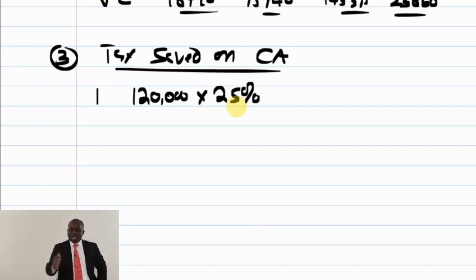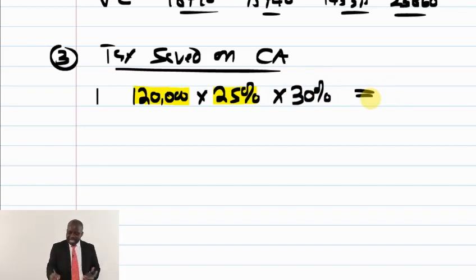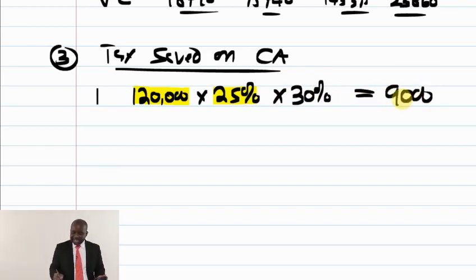Why will I show them one by one? At the end of the day, I don't need the capital allowance. I need the tax savings. So why wouldn't I go straight? So this times that will give me the capital allowance. So if I've got the capital allowance, I will multiply by the tax rate straight, and I will get the tax savings. And that tax savings is that 9,000.